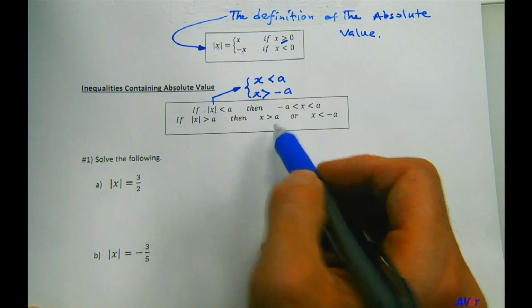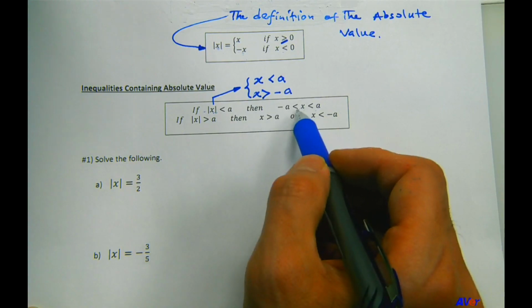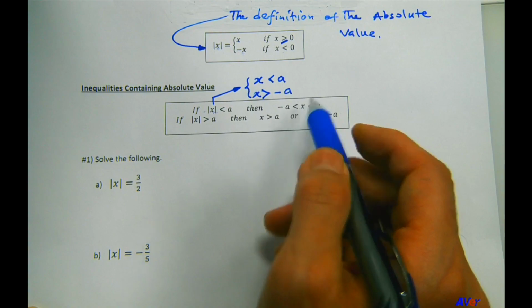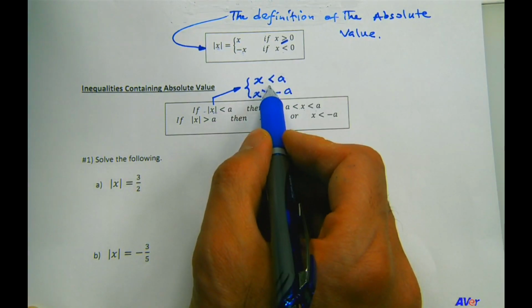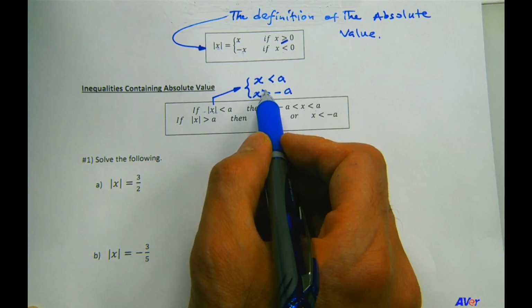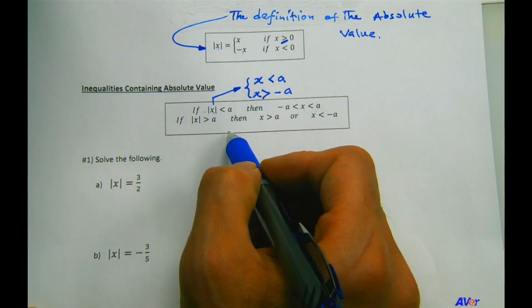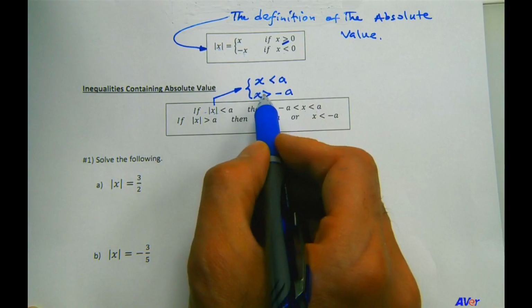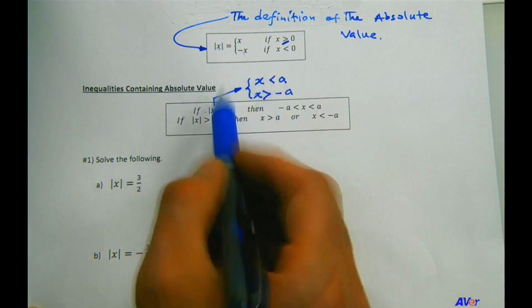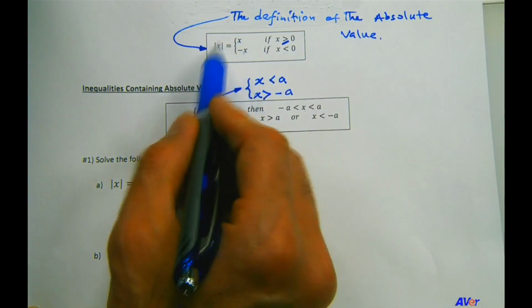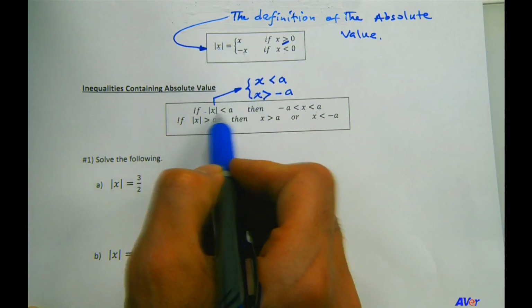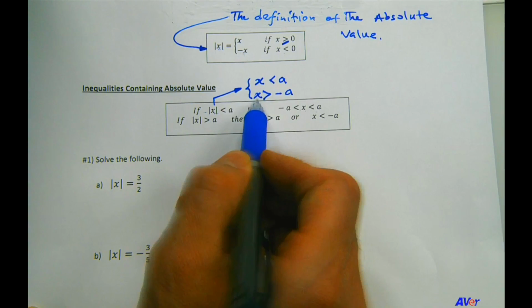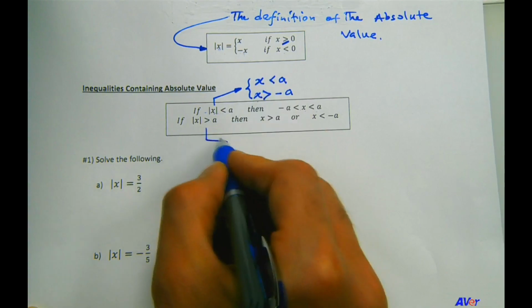When we solve inequalities, you'll see that's a helpful way of writing it. But if you prefer it this way, if you understand it this way, that's quite fine. There's nothing wrong with that. I explained it like this because I wanted you to see the similarity between the absolute value definition and what we do to solve an absolute value inequality. Okay, let's do the same thing here.